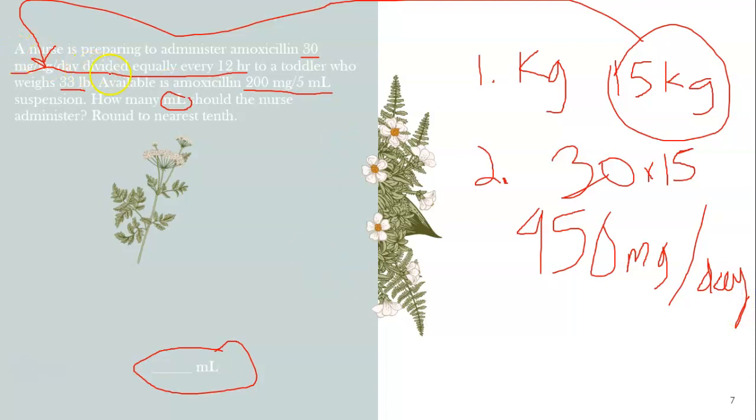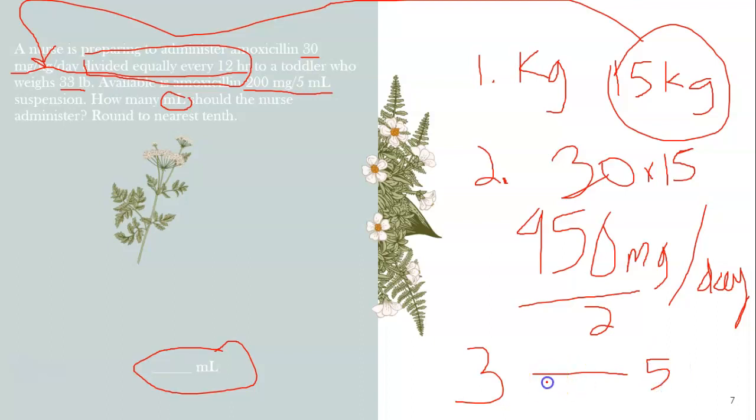Okay, now, whether I want to do it now or do it later, it doesn't really matter. But this is divided equally every 12 hours. So that means into 2 doses. I could go ahead and half that right now. Then I come over here and I say desired over have times quantity.